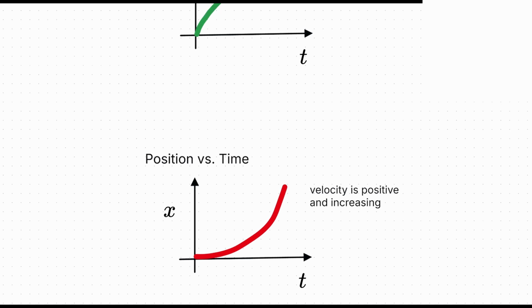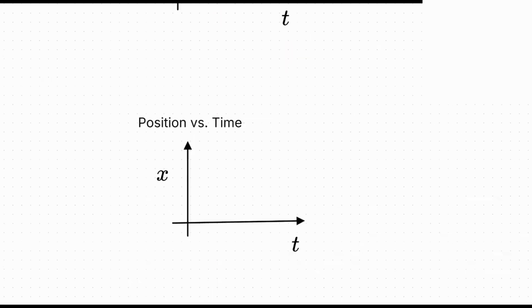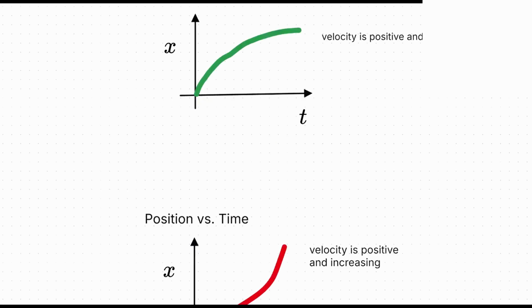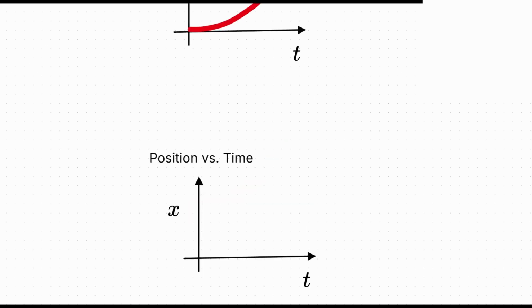Next, what if we have these two cases for the cases where velocity is not constant. Let's try this. What can we say about the trend? As we can see, as time passes by, the slope gets flatter and flatter.